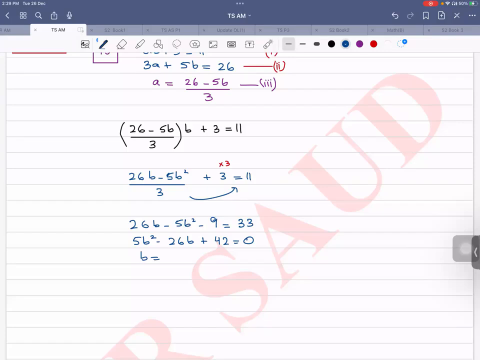Can you please use your calculator for middle term breaking and tell me the answer? No, I think I've made a mistake. Sir, I'm getting 5b minus 26b plus 24, not 42.